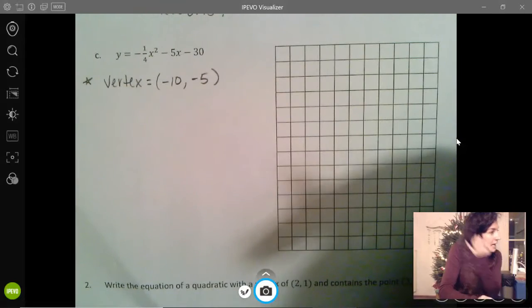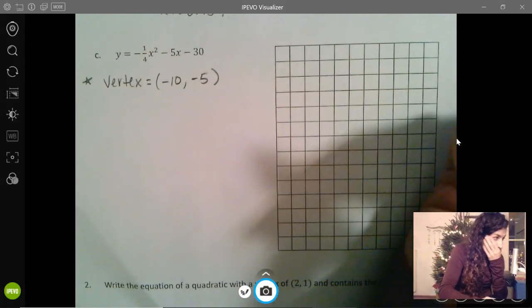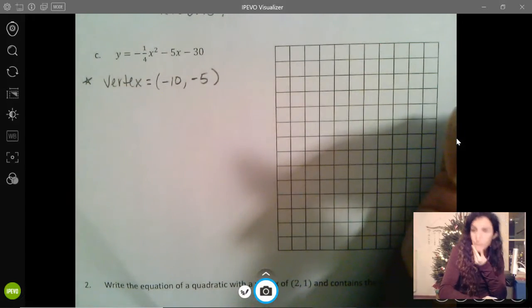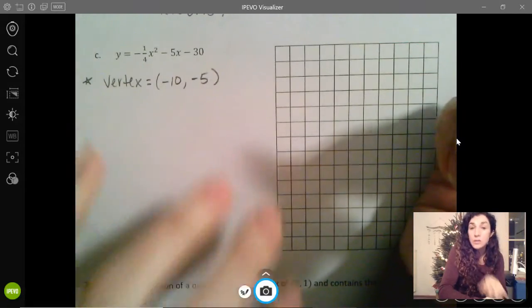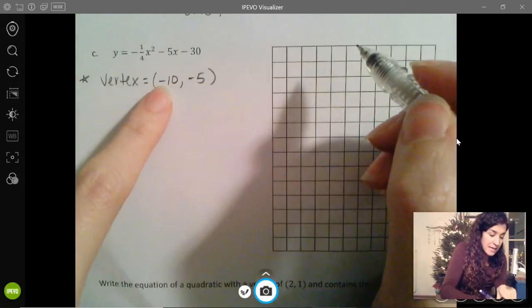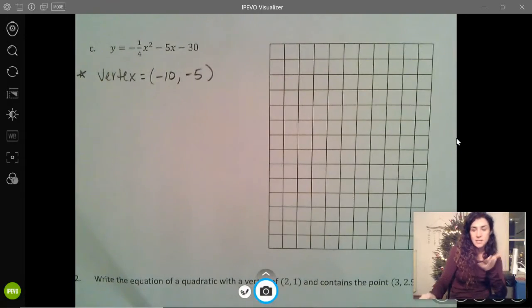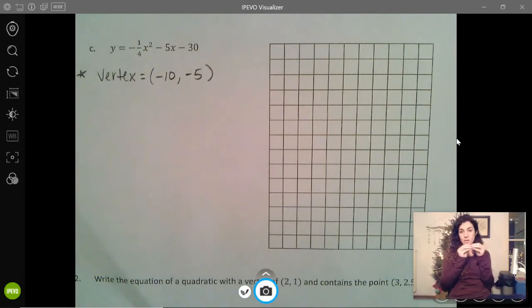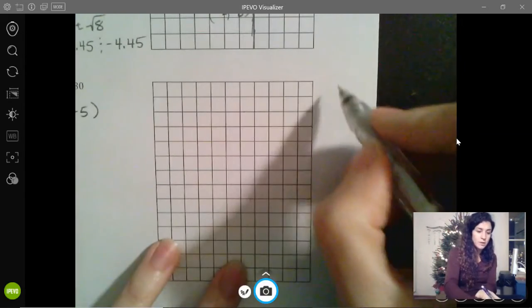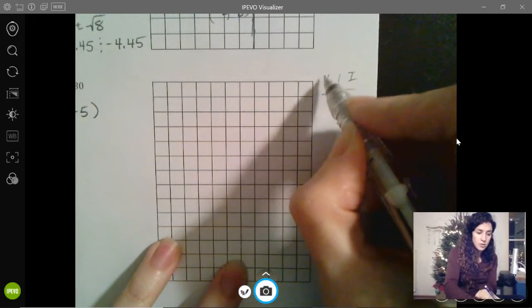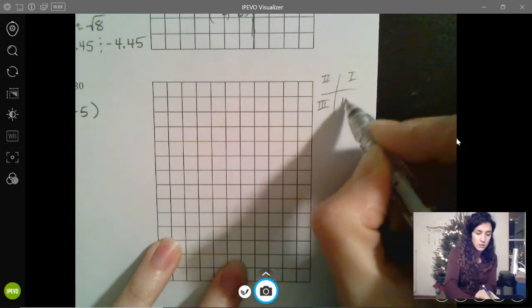So then going ahead and graphing this, here are some thoughts. I'm at -10, -5, and also my slope is negative, which means that I'm already starting with a vertex in the third quadrant. Remember, 1, 2, 3, 4.